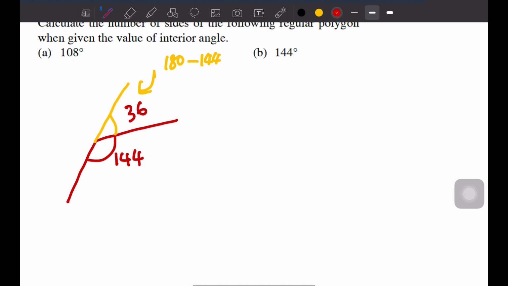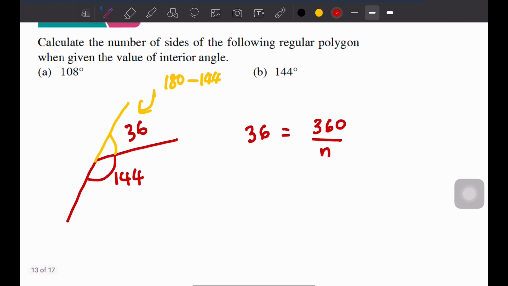From the previous formula, 36 is equal to 360 divided by n. So n is equal to 360 divided by 36, and you will get 10 sides.